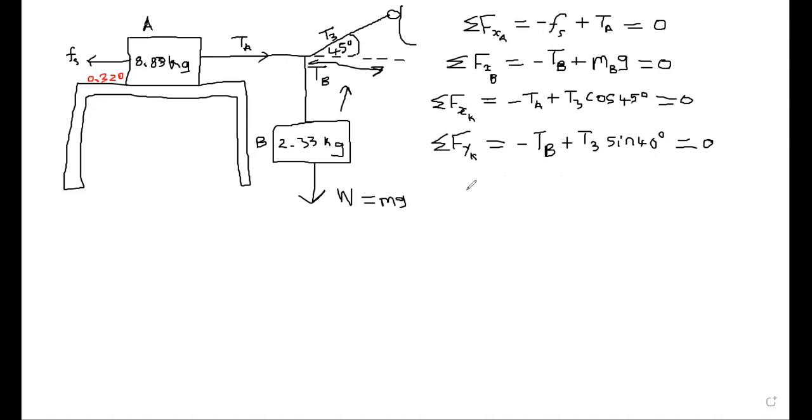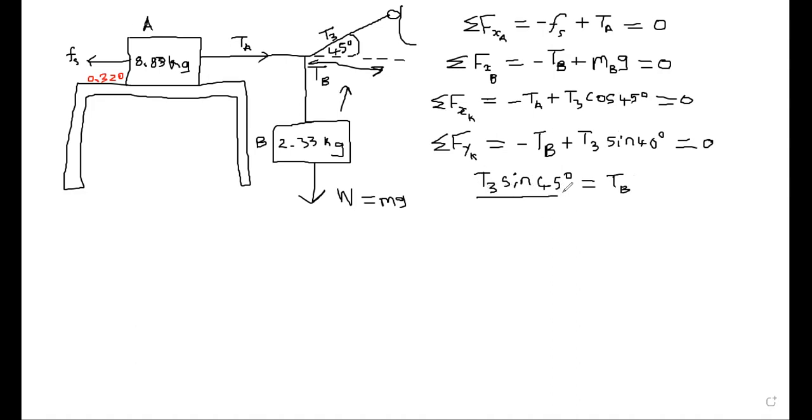We said minus TB plus T3 sine 45 degrees is equal to 0. So what we can do is to take the TB to the other side, and we'll be left with T3 sine theta, sine 45, is equal to positive TB.